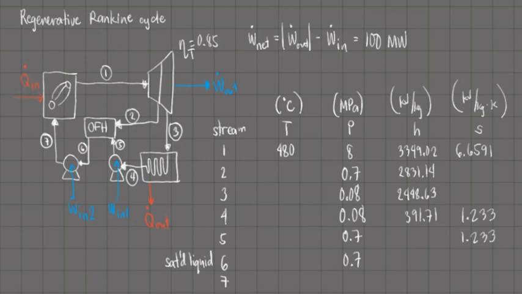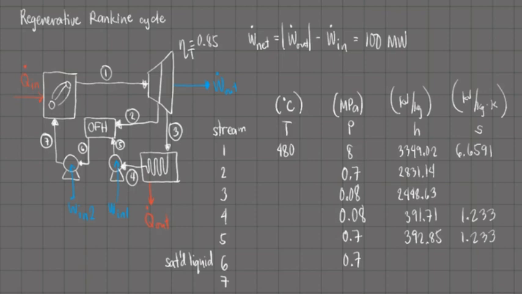With the knowledge of the pressure and entropy in stream number 5, we can consult the steam tables to determine its enthalpy. For the subcooled or compressed water steam table, after double interpolation, the value of the enthalpy is 392.85 kilojoules per kilogram. Next, for stream 6, we can use the information that it is a saturated liquid and its pressure is 0.7 megapascals to determine its enthalpy.